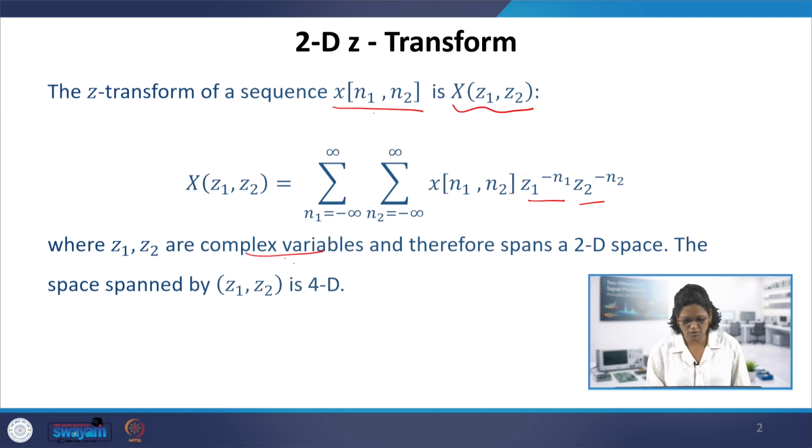And these complex variables span a 2D space. So z has real of z and imaginary of z, whereas z1 has real and imaginary of z1, and z2 has real and imaginary of z2.